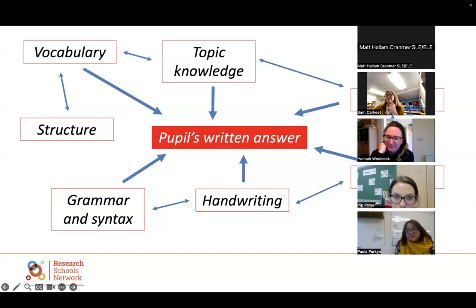Yeah. This might be a dead end, but Hannah, you look like you've got something to say. Yeah, I just think it's interesting. I've got a daughter in primary school at the moment, and there's a big focus on handwriting and letter formation. There seems to be a big debate at the minute about whether they teach cursive writing or not.